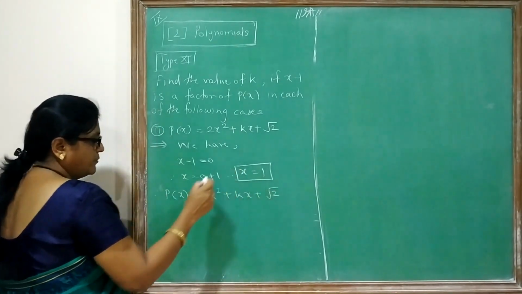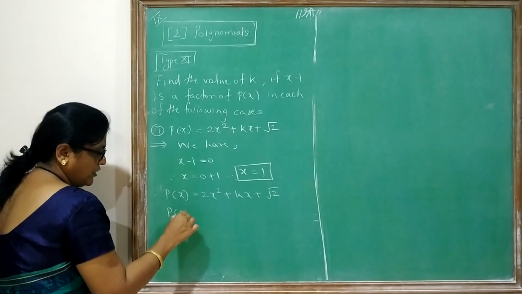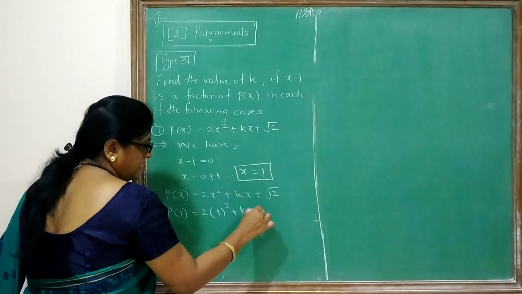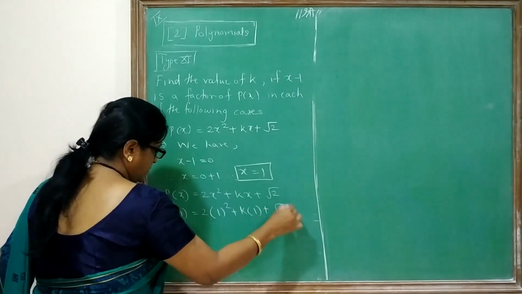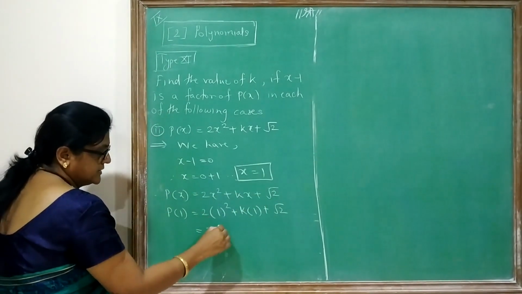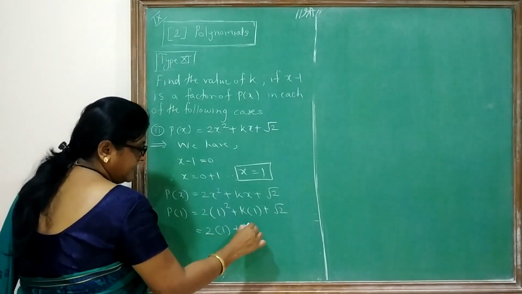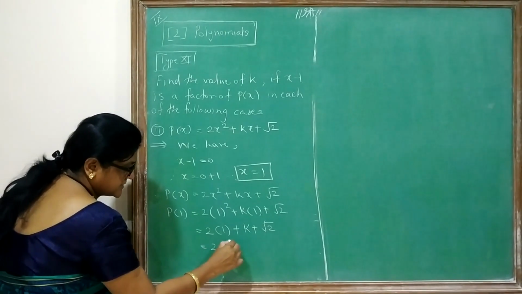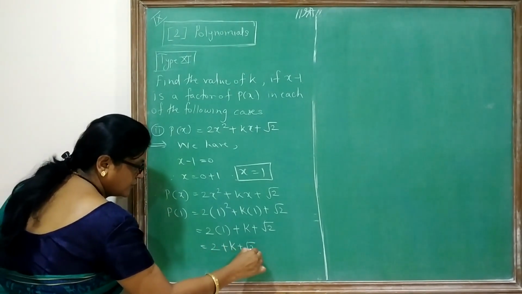Then you will write here p of x equal to 2x square plus kx plus root 2. We will put x equal to 1, then p of 1 equal to 2 into 1 square plus k into 1 plus root 2. Then here 2 into 1 square is 2, plus k plus root 2.